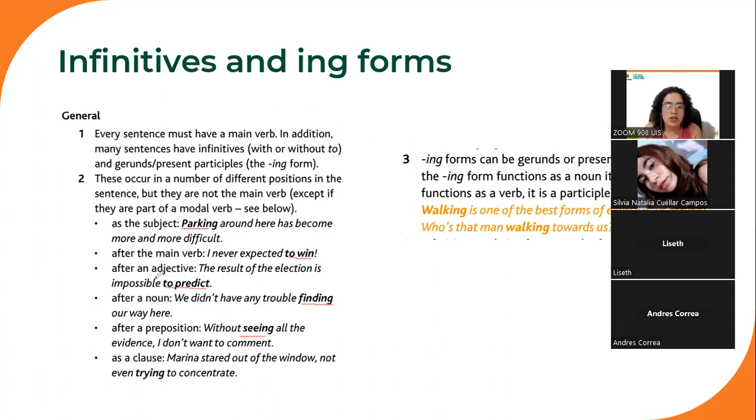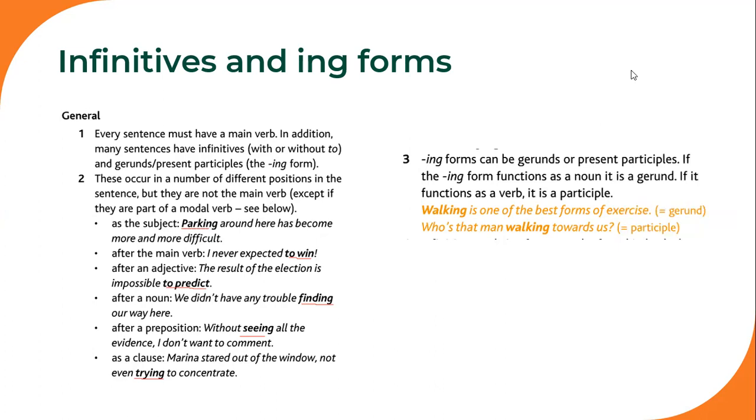And as a clause: Marina started out staring out the window, not even trying to concentrate, okay? So this is the clause, not even trying to concentrate. So we can find it in different positions in the sentences, not only at the beginning or end, but as subject, after the verb, after the adjective, after the noun, after the preposition, all right?